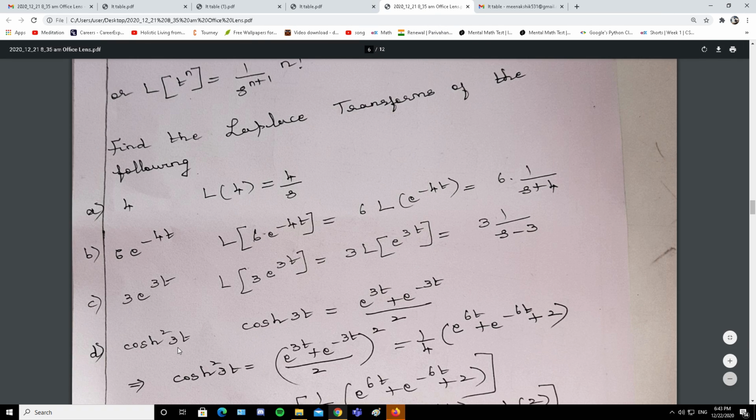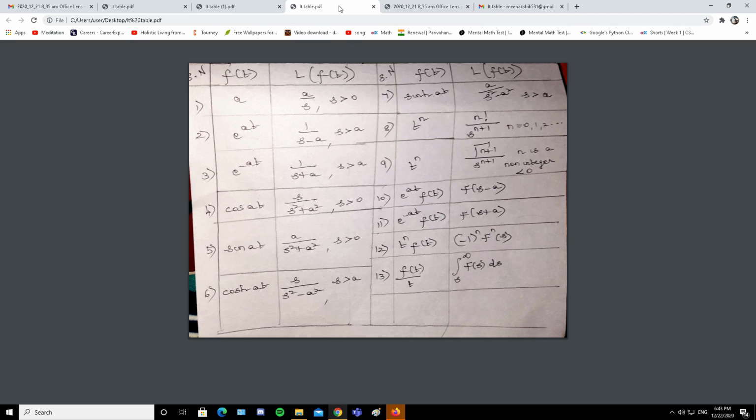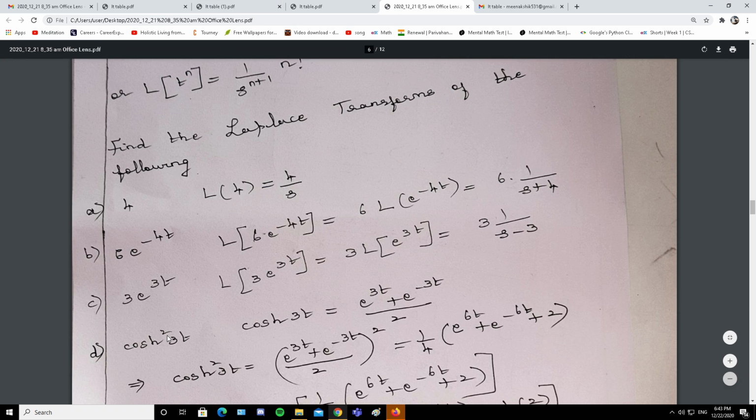Next we have cos h square 3t. See, cos h square is not a standard function, but cos h at is a standard function. So whenever you have cos h square or sin h square, make use of the formula. What is cos h theta? Half of e power theta plus e power minus theta.